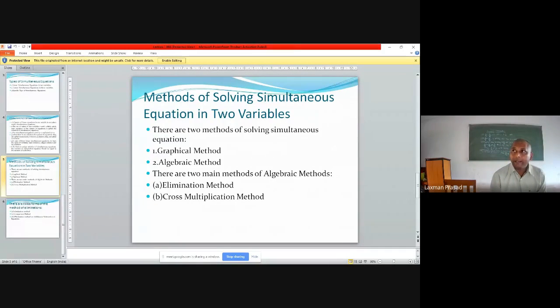The moment you eliminate x, you find the value of y, or eliminate y, then find the value of x. It totally depends on the student's area of interest, which one to eliminate first, x or y. And the next one is the cross multiplication method.